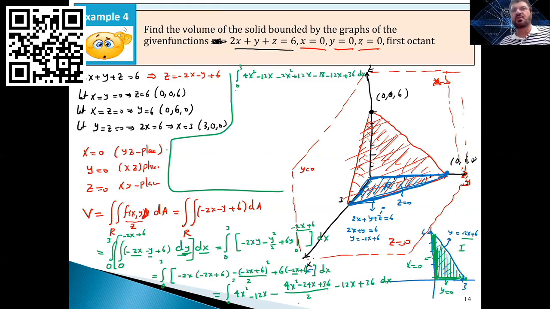Alrighty. Now, what do we have for the x's? You know, this one, minus 12x, goes with plus 12x. And this is the integration from 0 to 3 of 4x squared minus 2x squared, which is 2x squared. Then what do we have? Minus 12x.